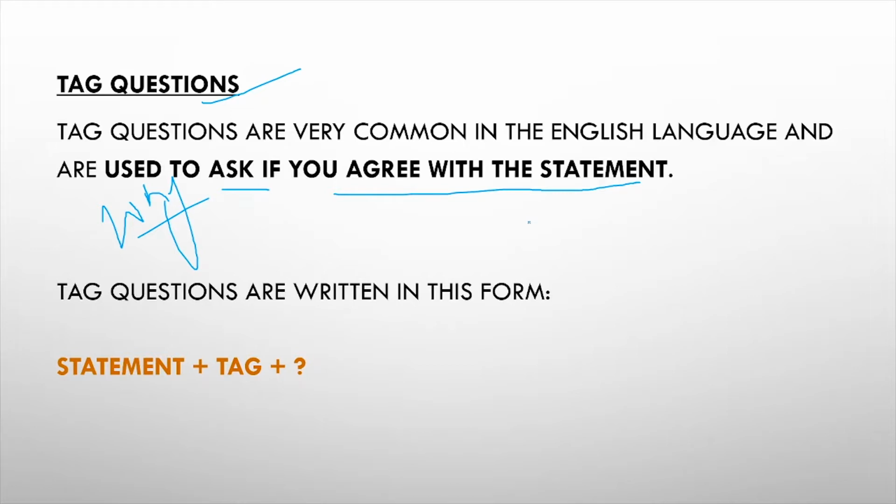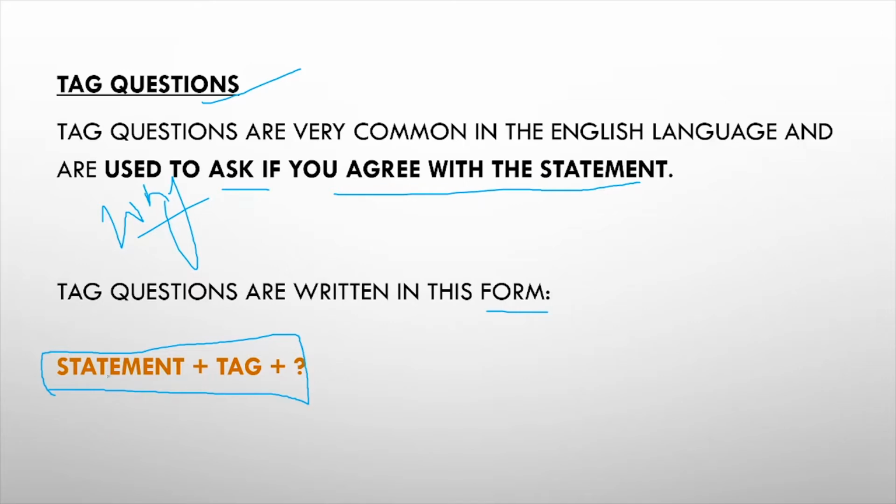Okay? Now, here as you can see, tag questions are written in this form. See, I have made sure that I give you the pattern and not the sentence structures. The reason is, if I keep on writing definitions like this, you will not grab anything. So the pattern or the form is important and we need to focus on that now, alright?